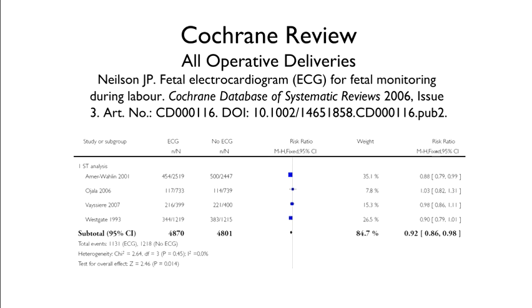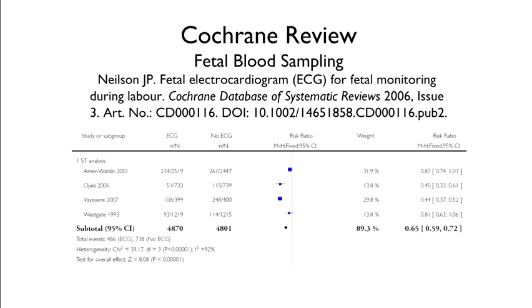But there was a significant reduction in operative delivery, all operative deliveries, operative vaginal delivery as well as cesarean section. And very dramatically, there was a decrease in fetal blood sampling. Now, what I didn't tell you is all of these trials were done in Europe where fetal blood sampling was used in both arms.